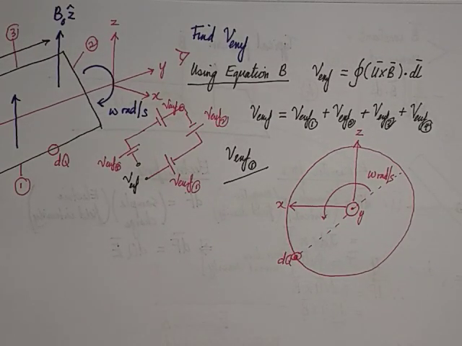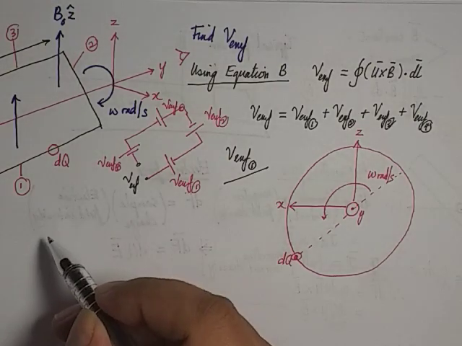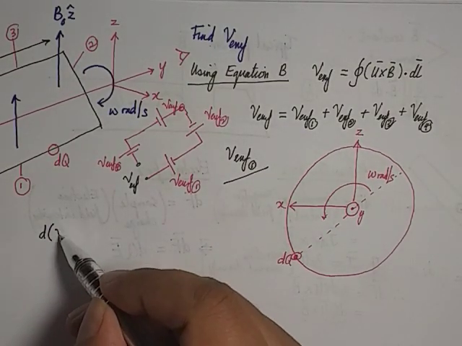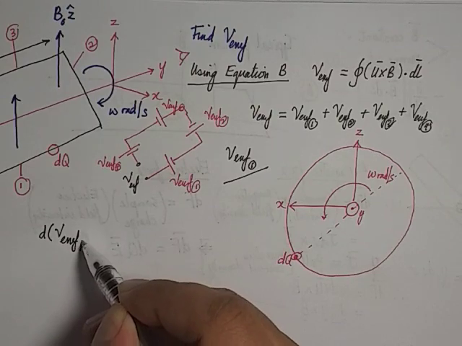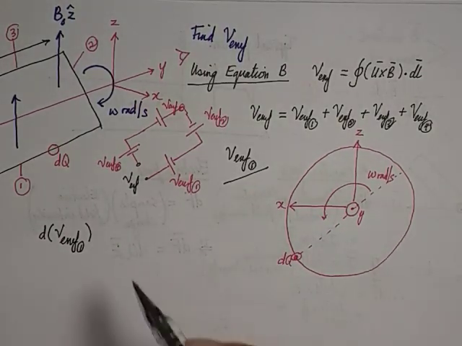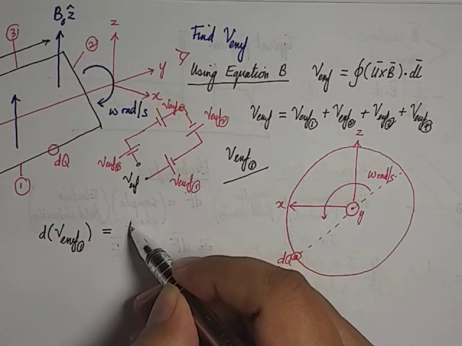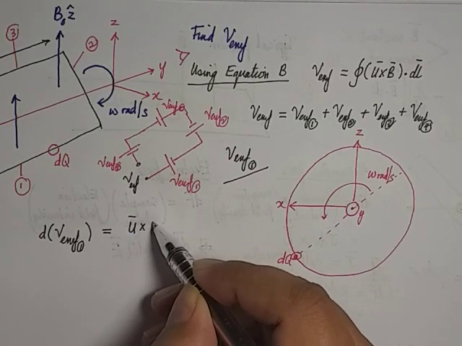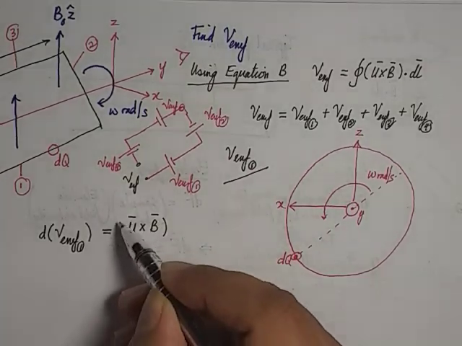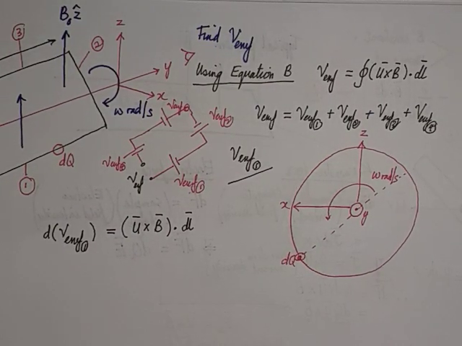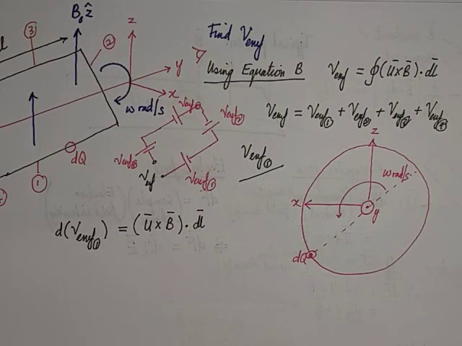To find our EMF, what we have to say mathematically, because sample now dq, small v EMF number 1, remember this is only side number 1, will be equal to our equation B, which is u cross B, and then we need to dot with dl. So that should be the step that we need to solve.